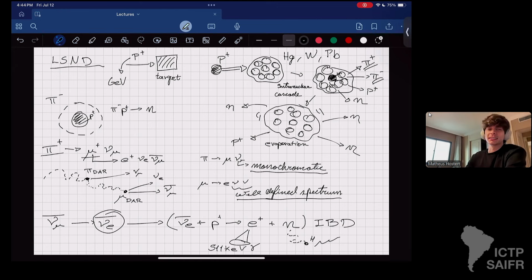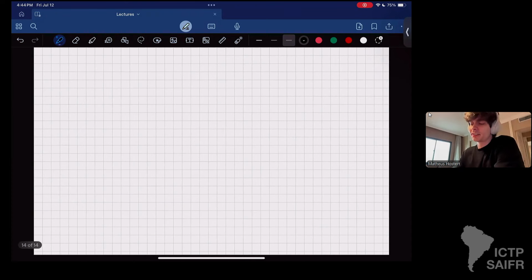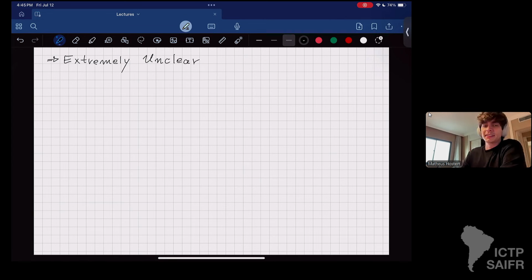Is this real? Is this evidence for this sterile neutrino real? I would say nowadays it is extremely unclear. There was a huge amount of effort trying to search for this particle elsewhere.